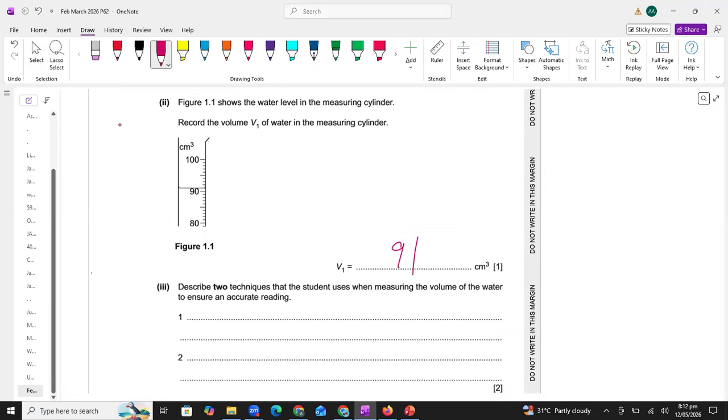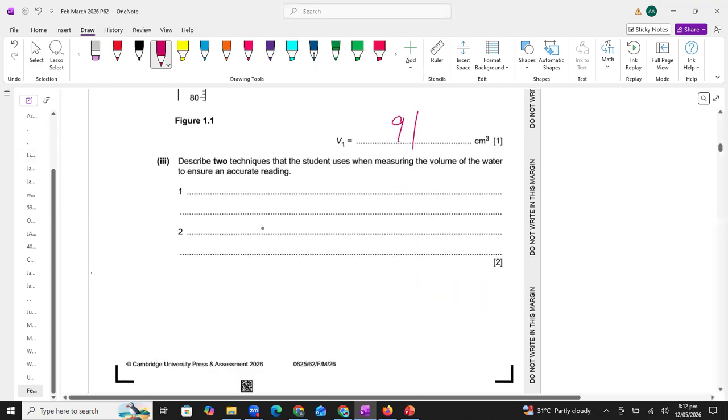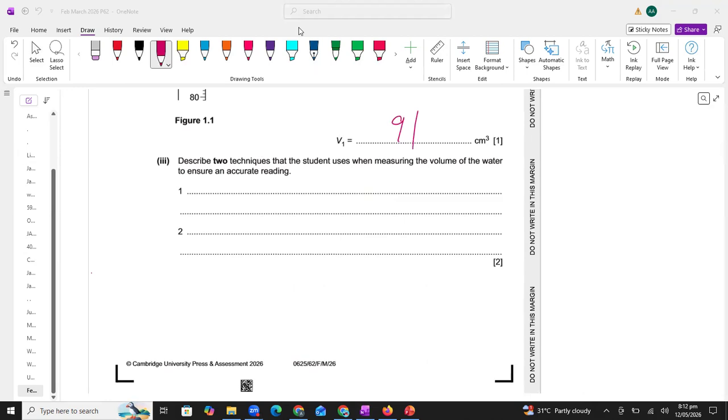Now they are saying describe two techniques that the student uses when measuring the volume of the water to ensure an accurate reading. So if we are measuring the volume of the water, what techniques do we have to follow to get an accurate reading? You have to make sure that we always read the lower meniscus.